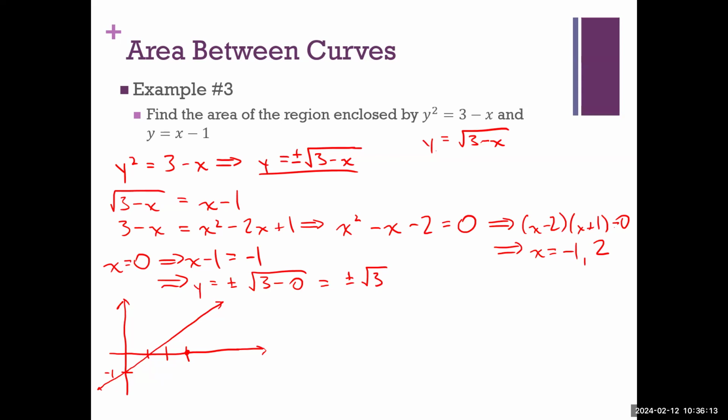Does it make sense for x to be bigger than 3 in this equation? No. So I think it has to open left. I don't think there's anything going on to the right of it. So it's going to look like this. And the negative side is going to be mirrored, so it's going to look like that.